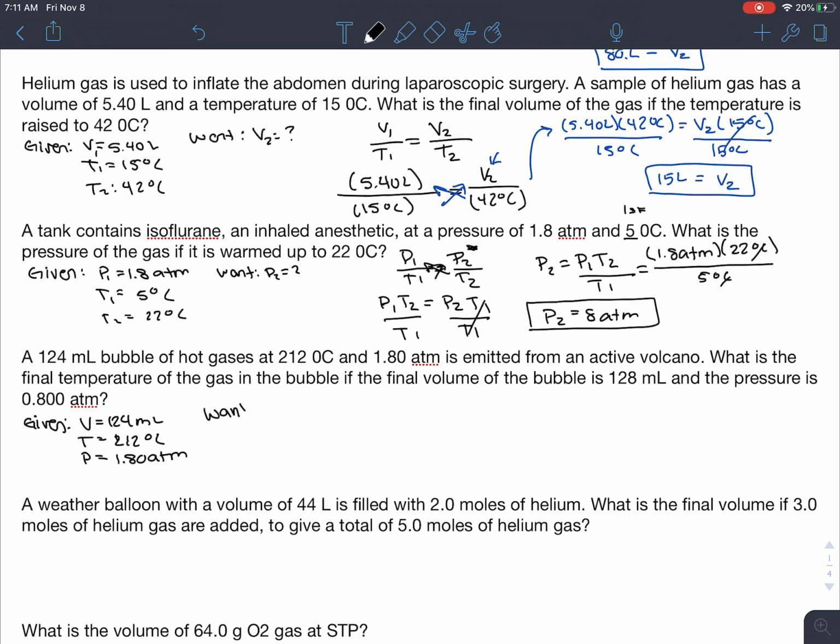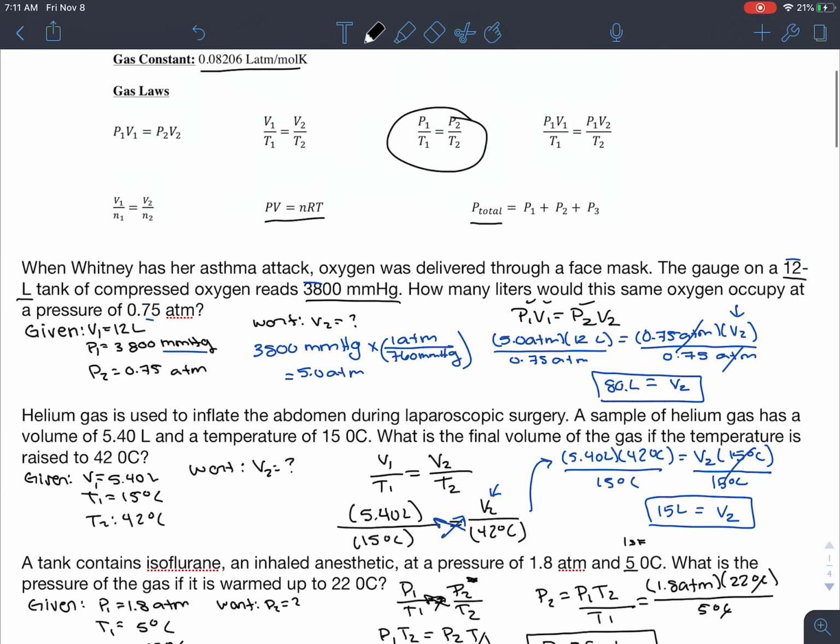From an active volcano. What is the final temperature? So I want T2 of the gas in the bubble, and there is a final volume. So these are all my ones. Then my V2 is 128 milliliters. And the pressure is 0.8 atmospheres.